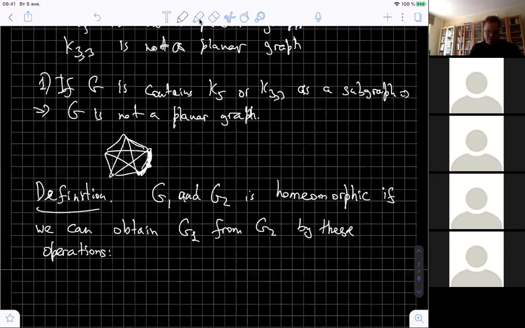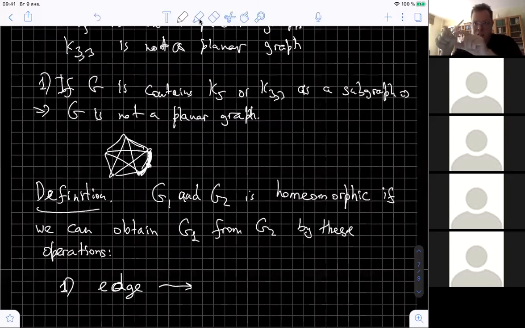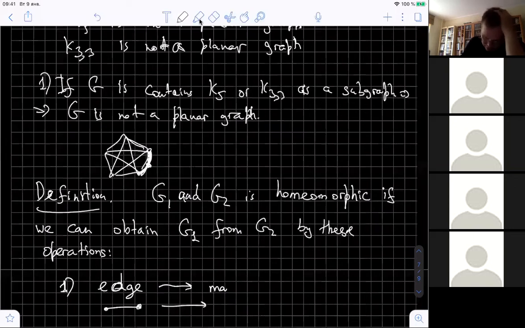So first of all, we can take the edge, put a point in the middle of the edge and make two edges from this one. I can maybe draw a picture here.